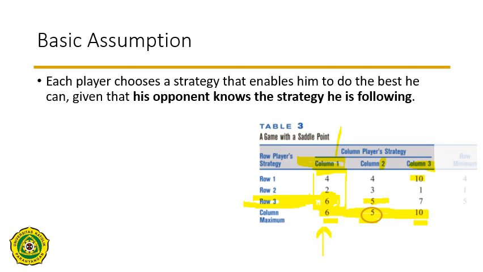If the column player picks the third strategy, the row player may play the first strategy such that the row player receives $10. If we are the column player, we do not want the row player to receive a lot of money. So the best that we can do here is to pick the second strategy such that it will minimize the possible reward that the row player may receive.